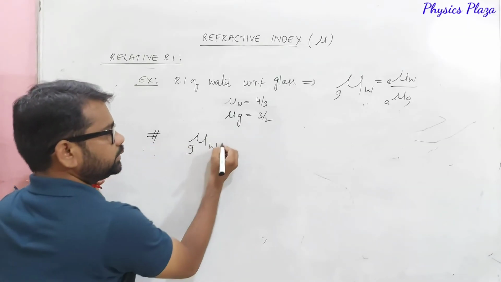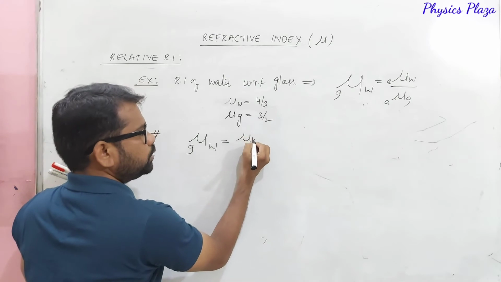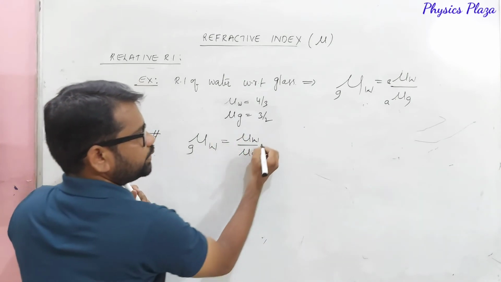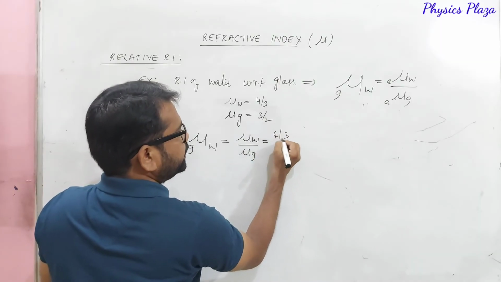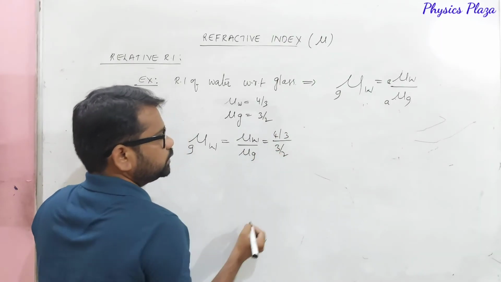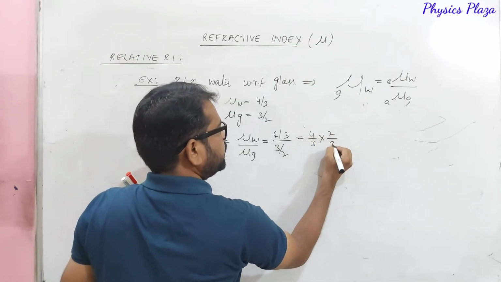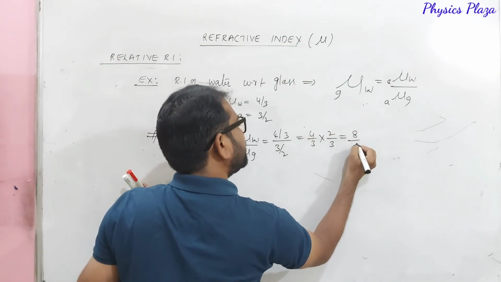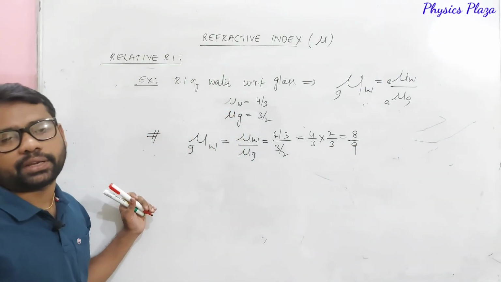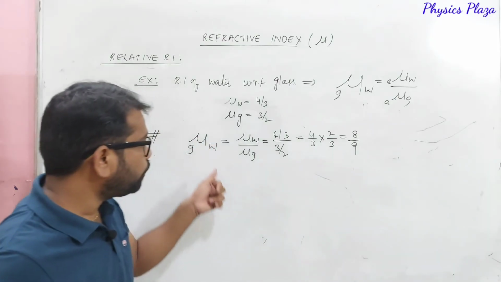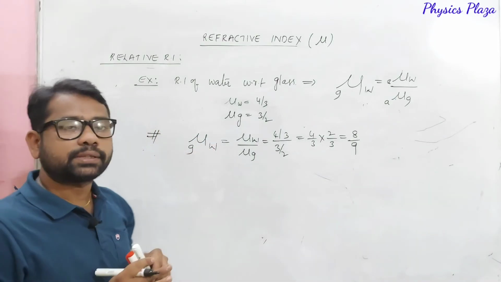This can be written as mu W by mu G. Now let us substitute the values. It is 4 by 3 by 3 by 2. This is going to be 4 by 3 into 2 by 3. This is how much, children? 8 by 9. 8 by 9 is the refractive index of water with respect to glass.